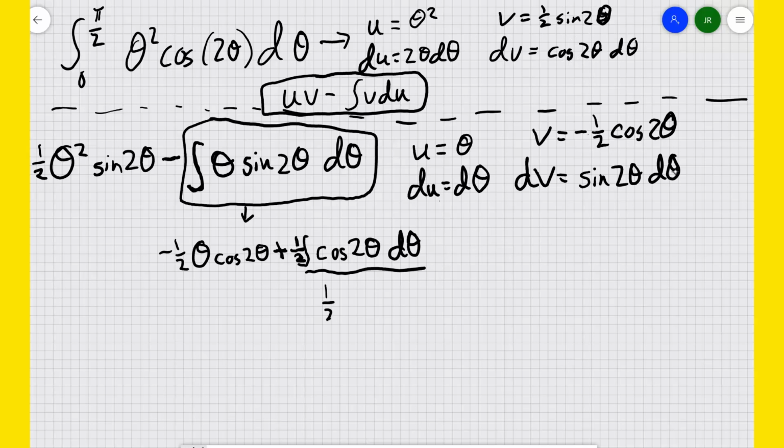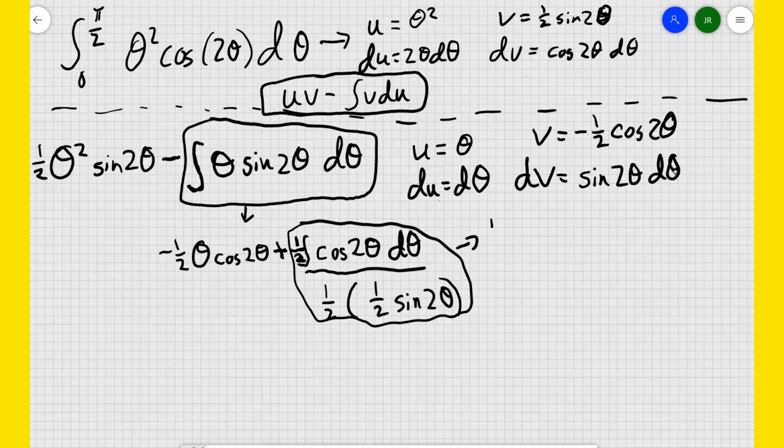So this is 1/2 sine 2 theta, which, as you can see, is 1/4 sine 2 theta.